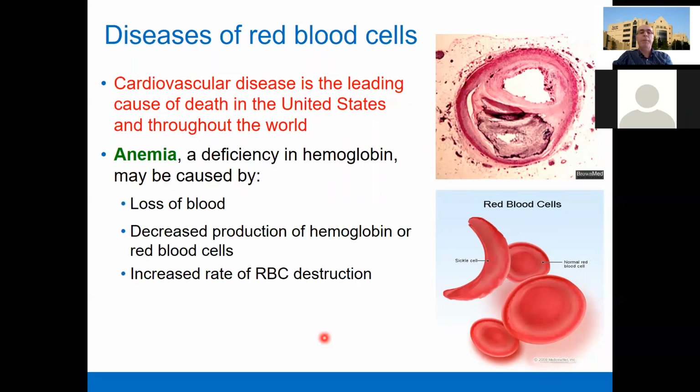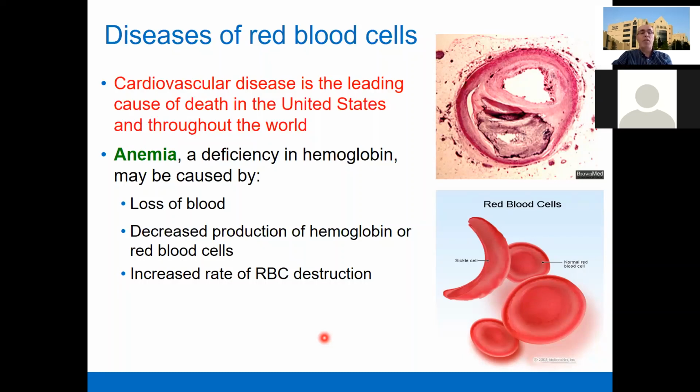Anemia is a deficiency in hemoglobin. Hemoglobin is a protein included in erythrocytes that carries oxygen from the lungs to our body tissues, to our entire cells.